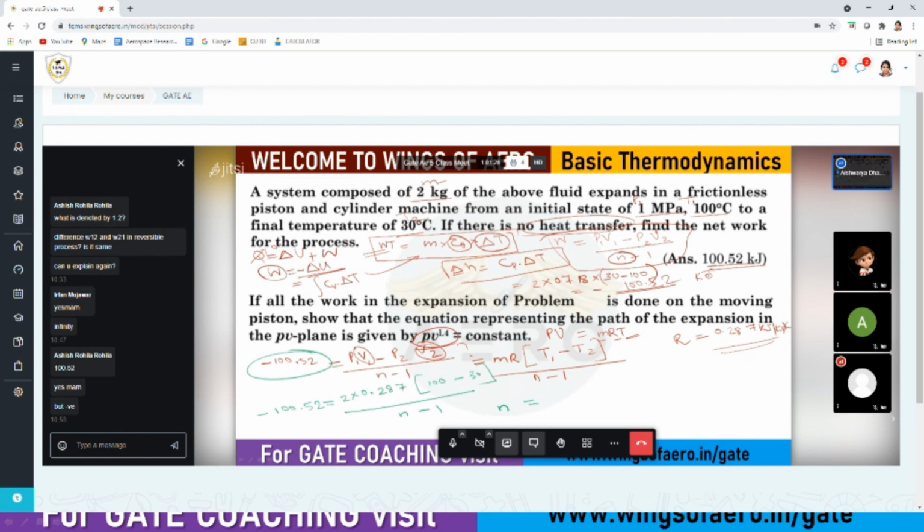Solve it correctly. I request all of you to answer. And whenever you're solving, write down the values properly. See whether you have typed single zero or double zero, whether you have typed the negative or positive, whatever it is, properly or not.